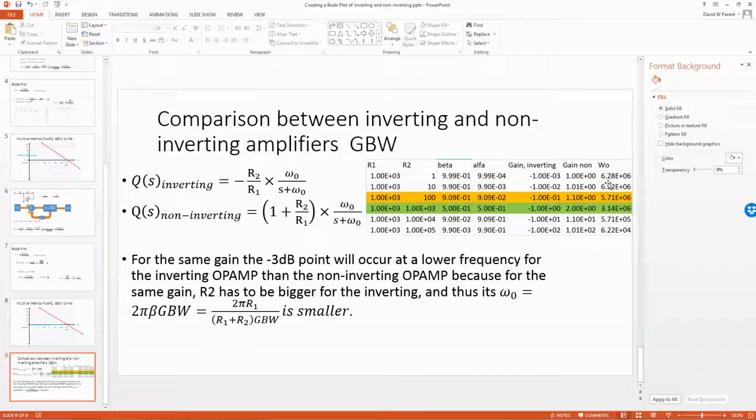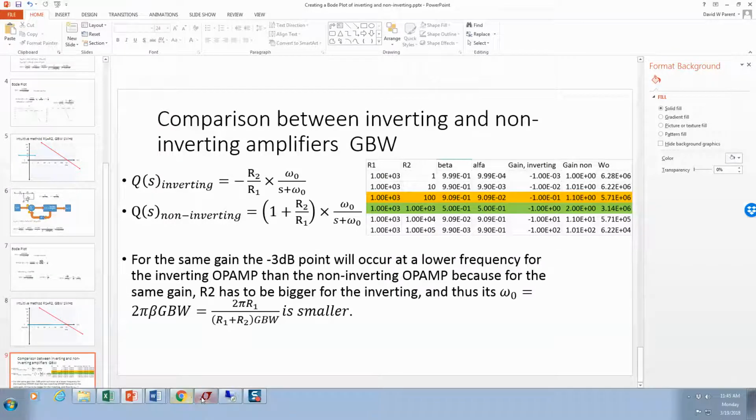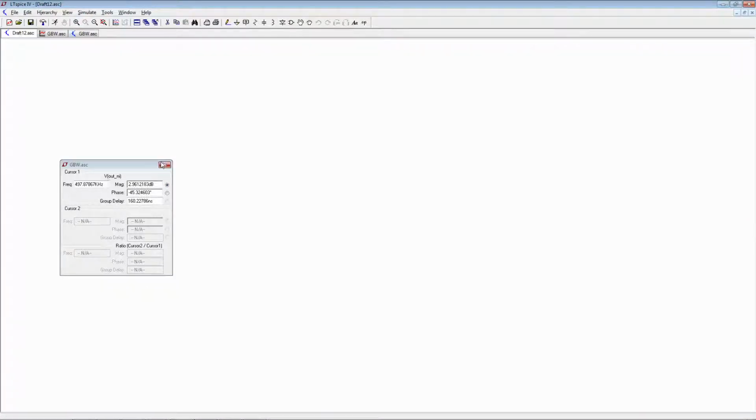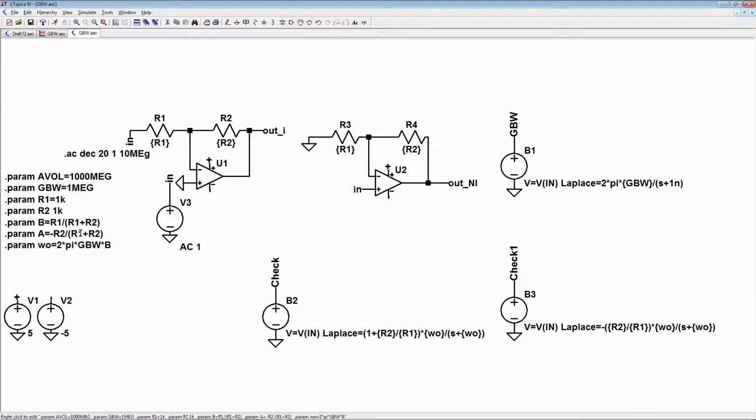Omega naught is twice as big, so that's why they don't line up. And so yeah, it kind of looks like if you want to extend your frequency, try to use a non-inverting. But what happens is when the gains get really big, it almost doesn't make a difference.